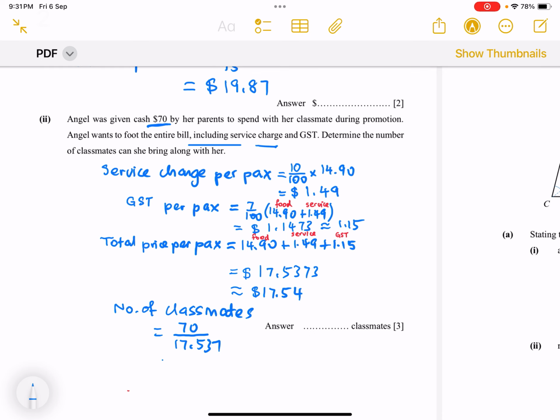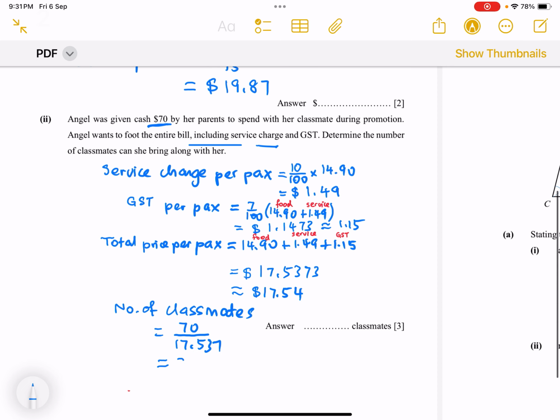Only the final answer is reduced to 3 significant figures. But for money, it's always 2 decimal places as the answer. Right? But the number of classmates is 3.99. Now 3.99 is not even a full person, so we cannot count. So therefore she can only invite 3 classmates.